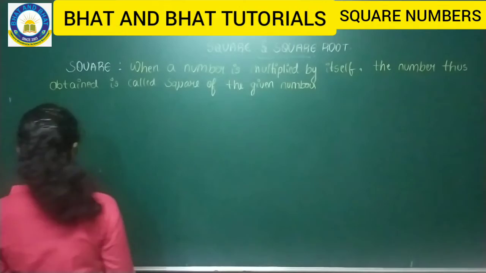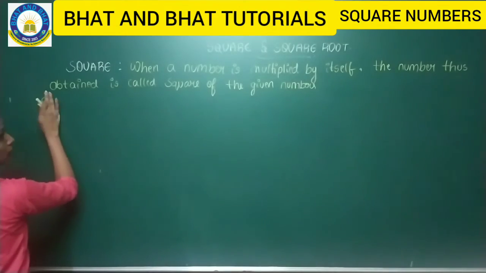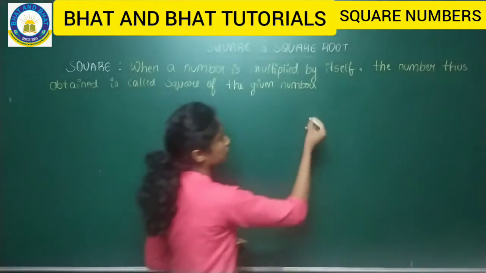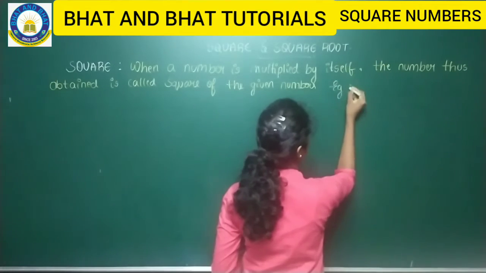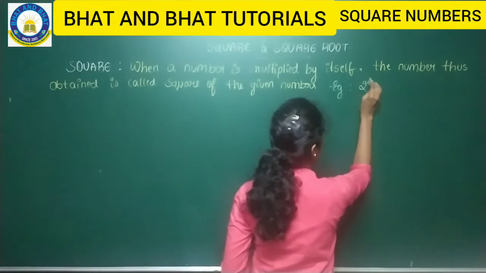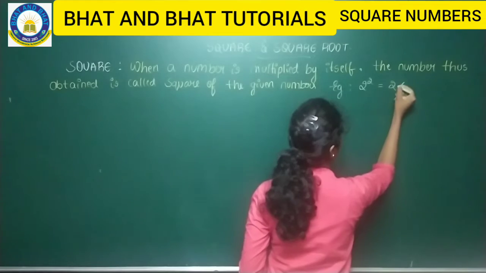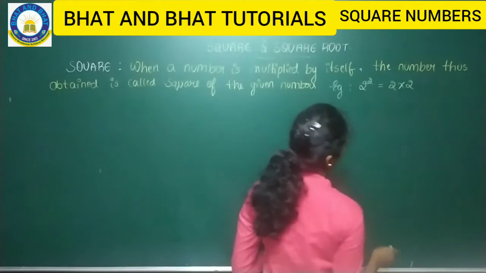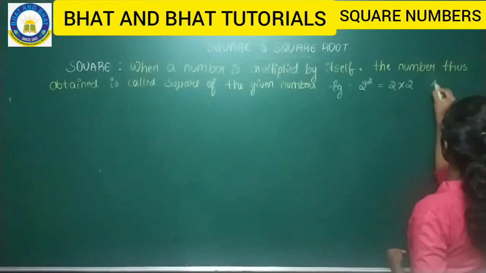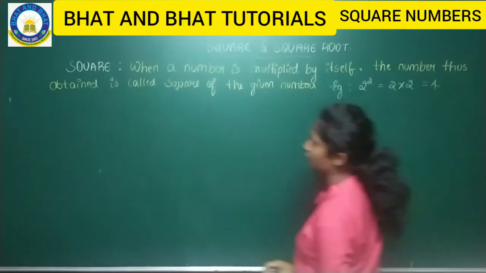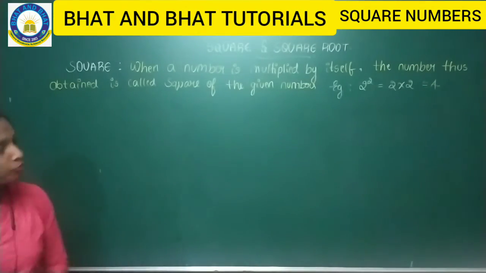Say for example, I'll write the example over here only. Example, 2 square is equal to 2 into 2 is equal to 4 is your answer. See, again I'm going to explain to you.